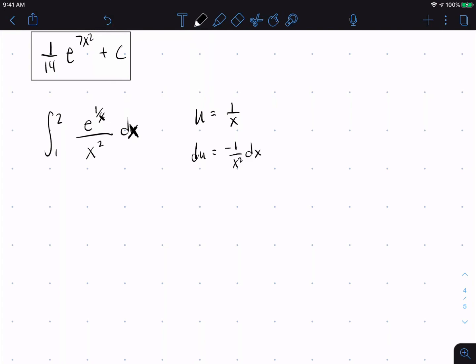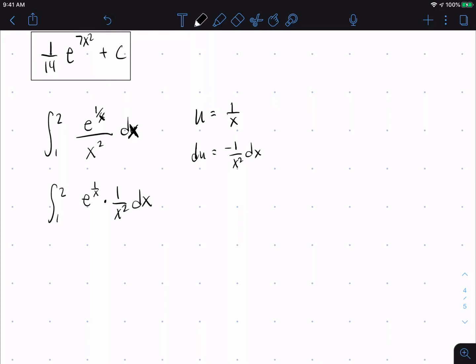And see what that does is when I multiply by that, that is the denominator of this problem. So I can rewrite this problem so you guys can clearly see what I'm doing. It's the integral of e to the 1 over x times 1 over x squared dx.